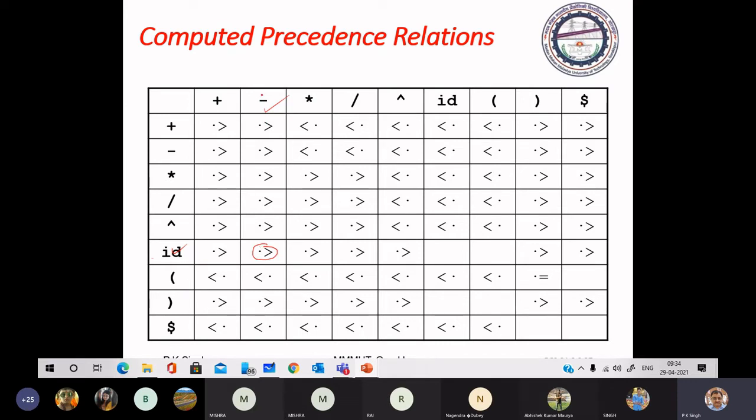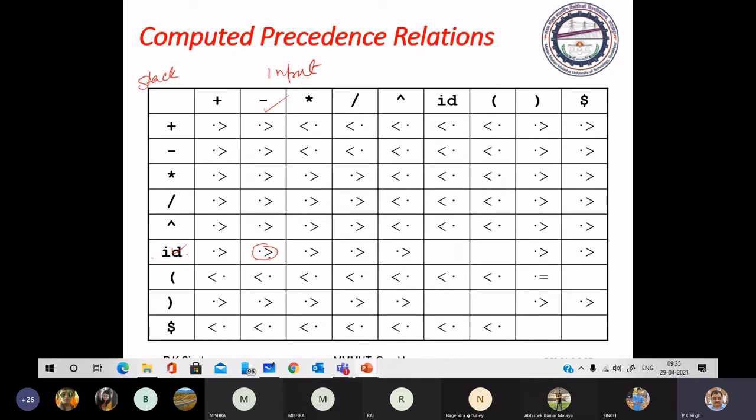ID has precedence over minus. This is the stack symbol, and this is the input symbol. Top of stack you have ID and the current input symbol is minus.